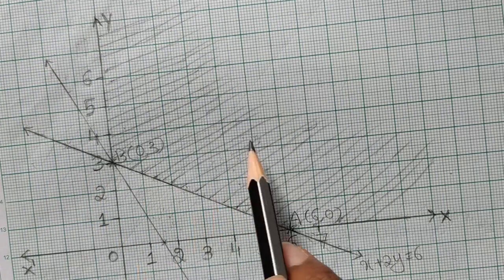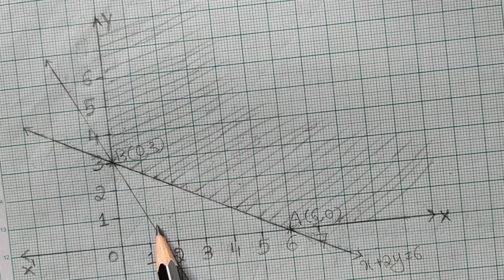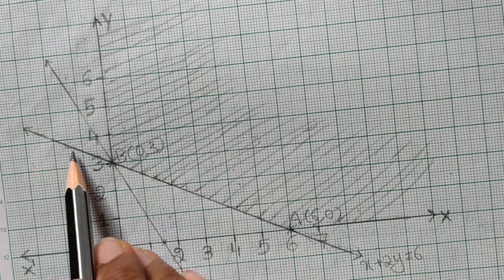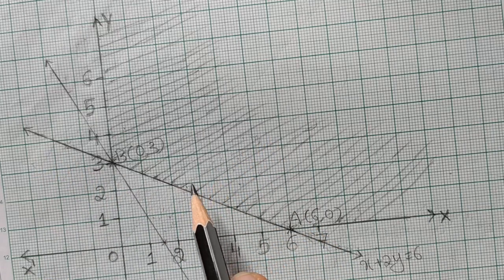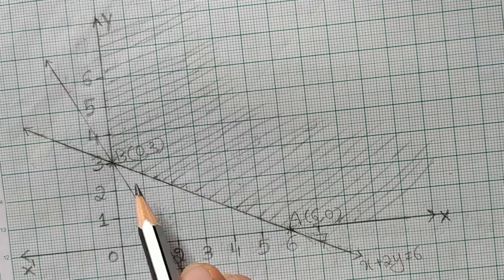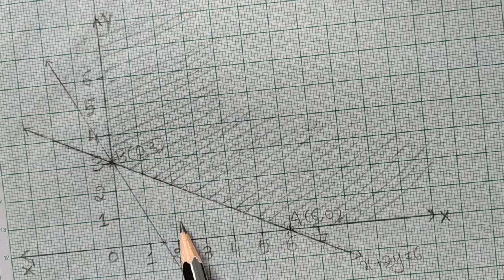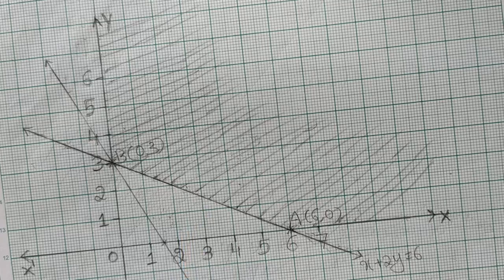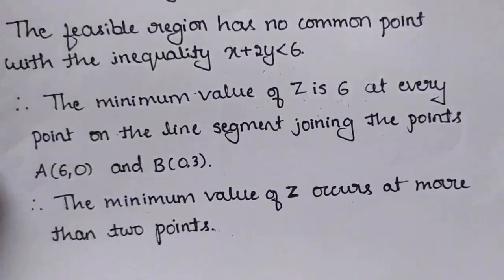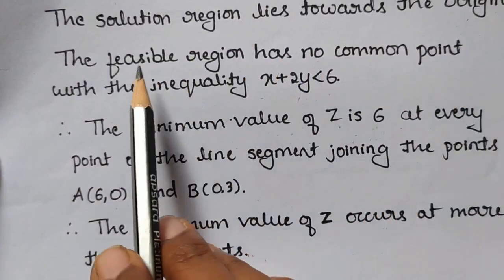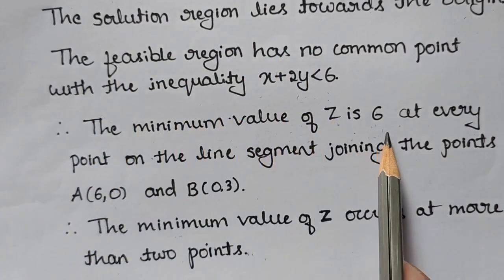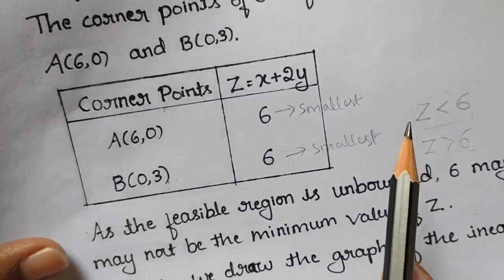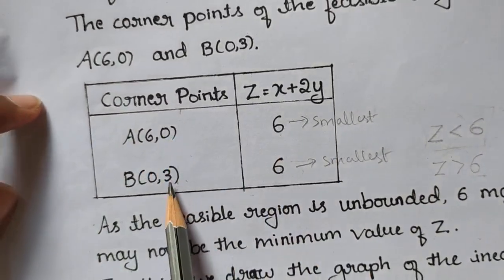Now observe here, the feasible region has no common point with the solution region, because the feasible region includes the line, but the solution region doesn't include the line, as we have drawn a dotted line for the solution region of the inequality. So we write the feasible region has no common point with the inequality. Therefore, the minimum value of z will be 6 itself, which is obtained at the corner points.